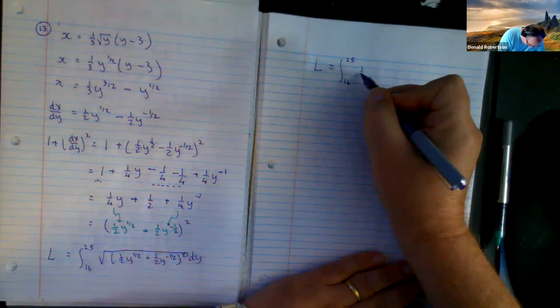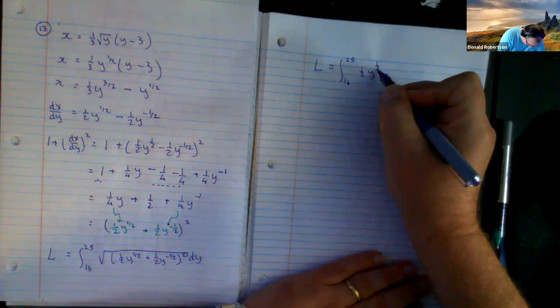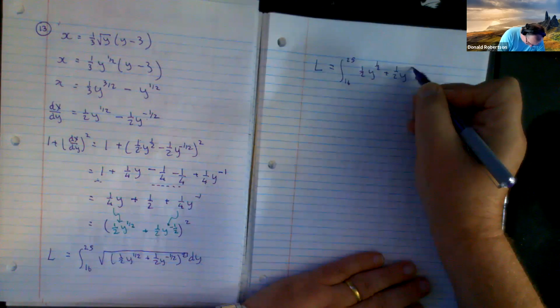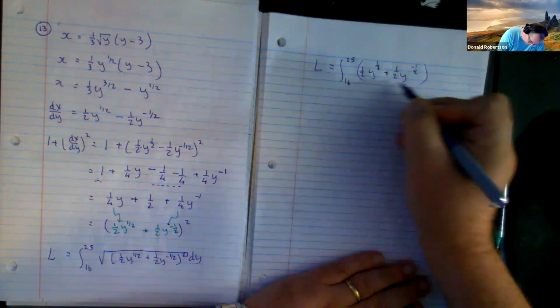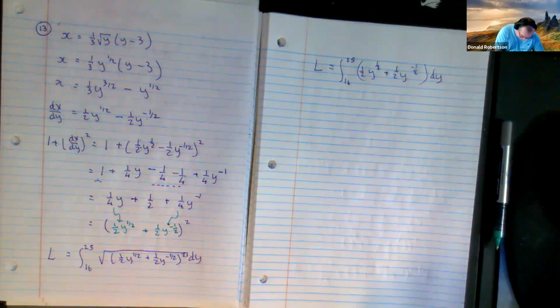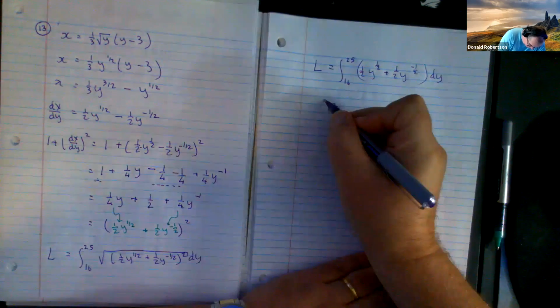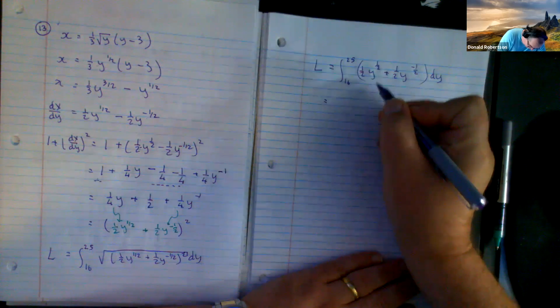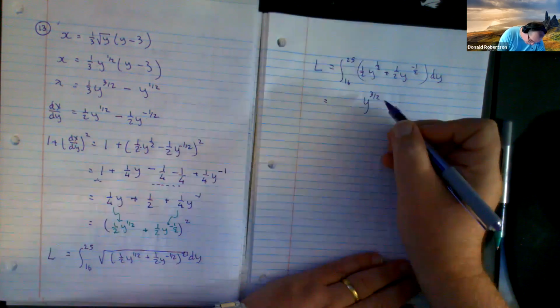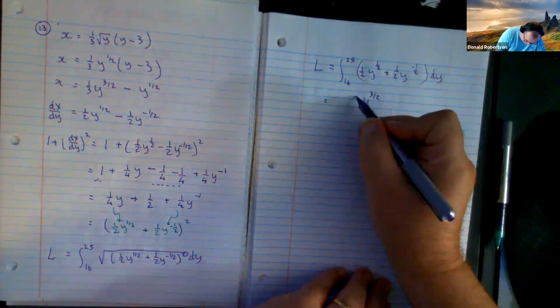And you're now looking at that guy. Let's take it a little bit further. Add 1 to the power and divide by the new power. So it's really multiplying by 2/3, so you get 1/3.